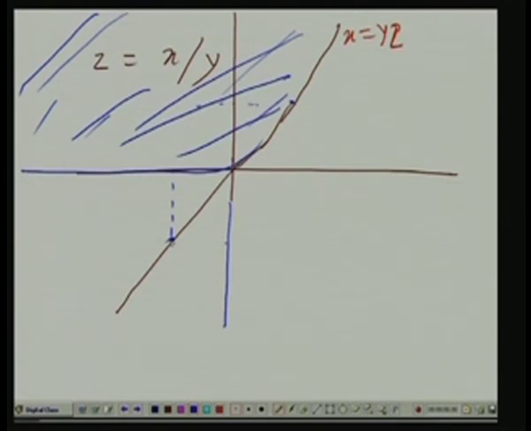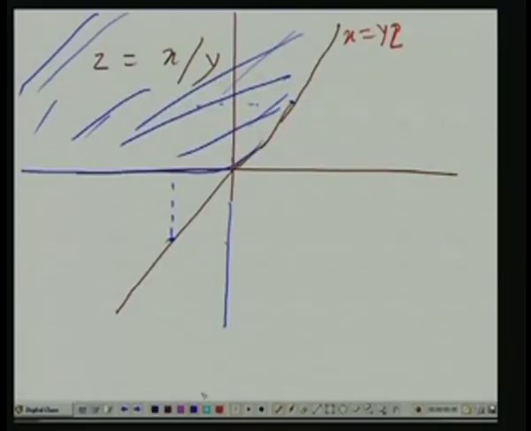First, suppose I move x to the right. So, still x is negative, but x by y, its value, which does not depend on whether they are negative or positive because it cancels out, obviously becomes lesser than capital Z, and that continues as x goes into this quadrant, because then it becomes positive x by negative y, a negative quantity which is in any case less than or equal to capital Z. That means here I take this zone.